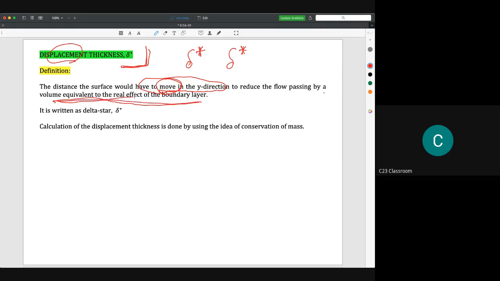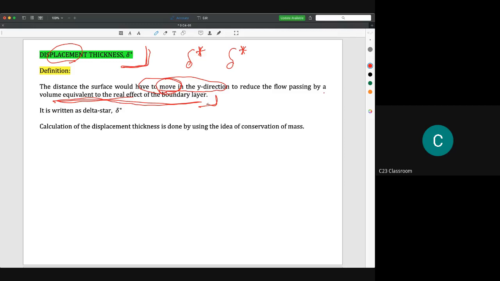The simple explanation is that we want to calculate the boundary layer thickness. However, the equation of boundary layer thickness is very simple. It's just a value on the y-axis, so we cannot do any calculation with that equation.